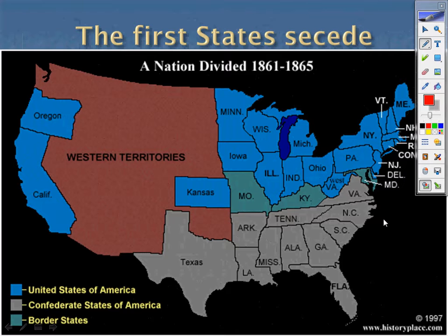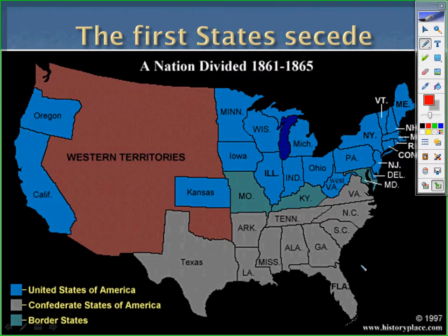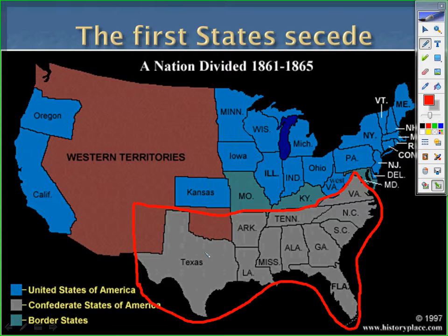We also see some of our first states secede. So the states that are gray make up this Confederacy. Okay? This Confederacy is made up by these gray states, so you want to make sure that you get all of the states down.